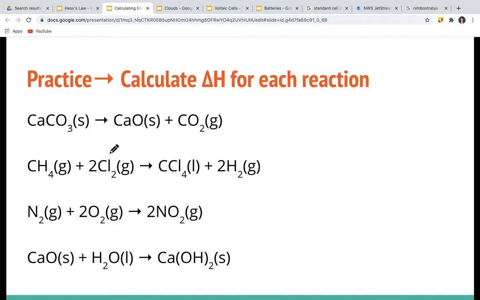There we go, heat of formation values. Okay, so solid calcium carbonate. So I'm going to find calcium carbonate, and this says this is negative 1206.9. Calcium oxide is right below that, and that is negative 634.9. And then we need to find carbon dioxide gas.